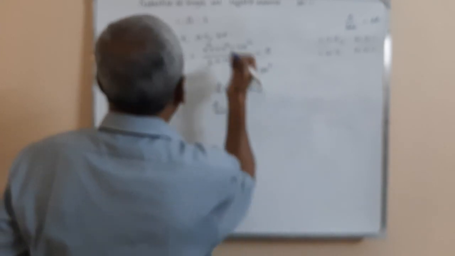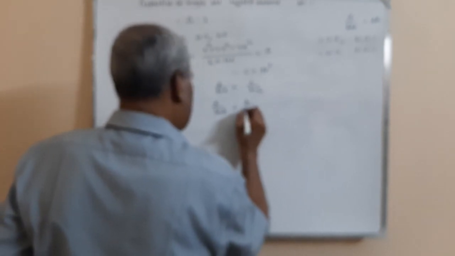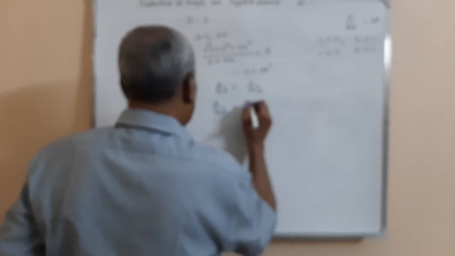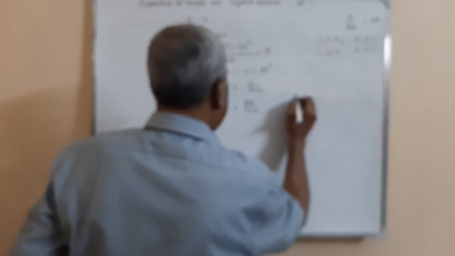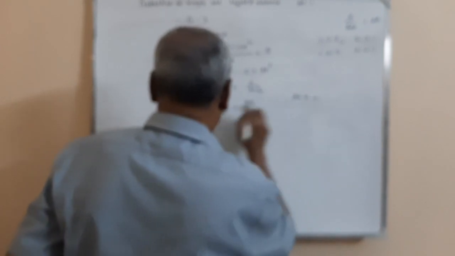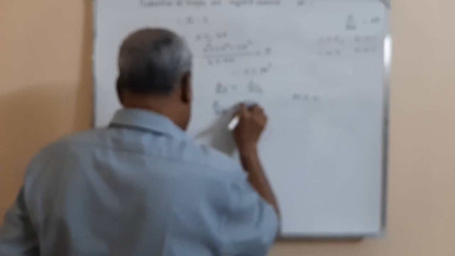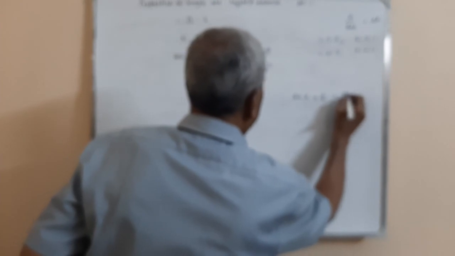C means 2k by sine 90 degree, that is 2k. K cancels. So we get sine A is equal to, this is 1, this is 2, so it is half, sine 30.